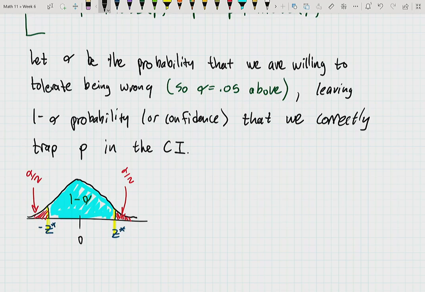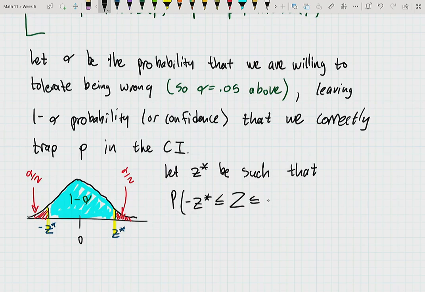So we choose z star such that the probability of a standard normal random variable being between negative z star and positive z star is 1 minus alpha.